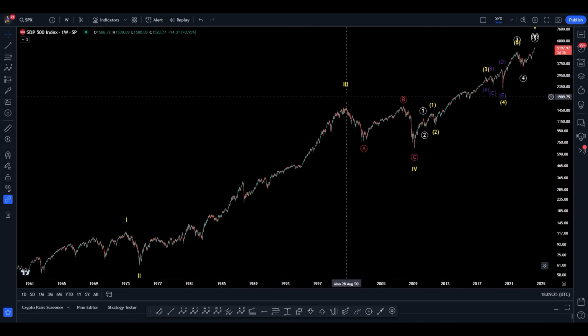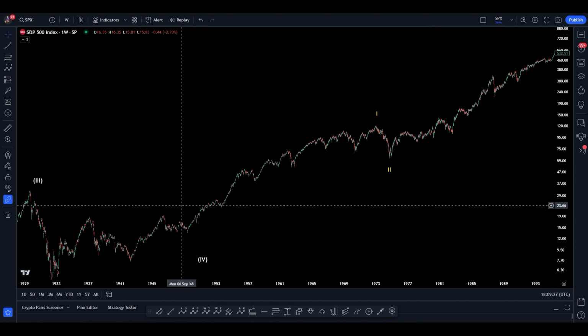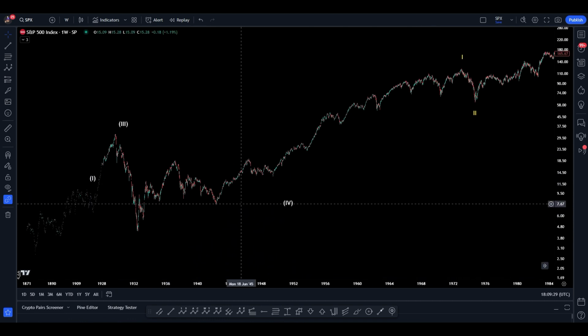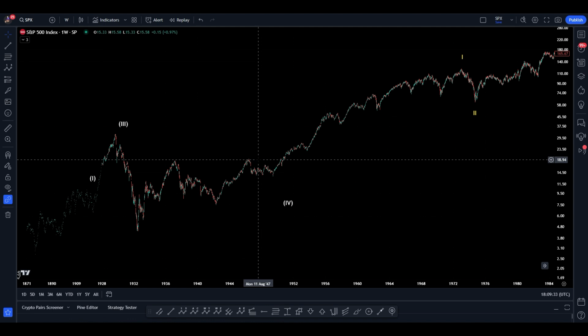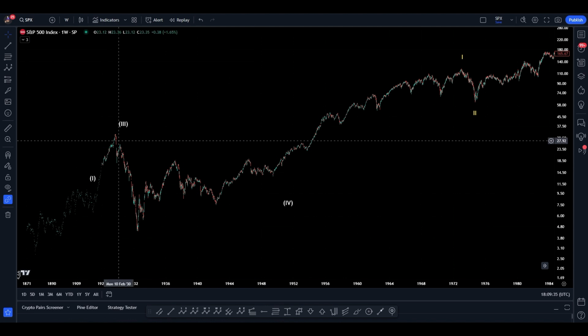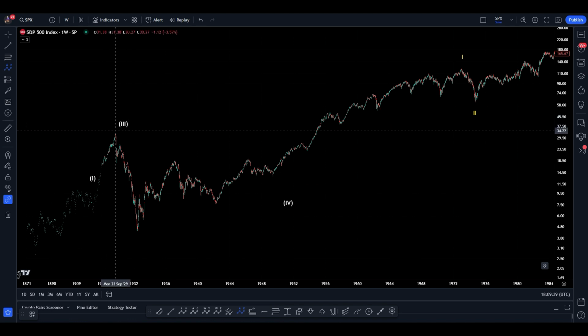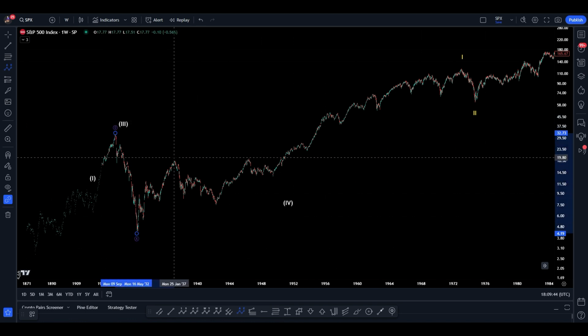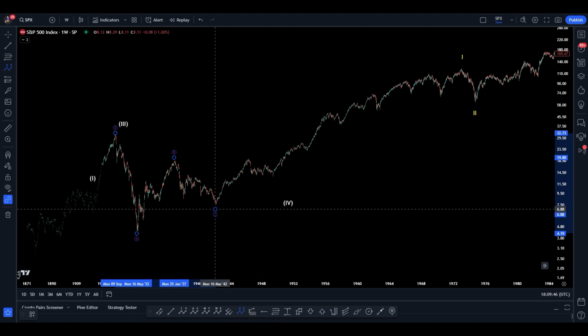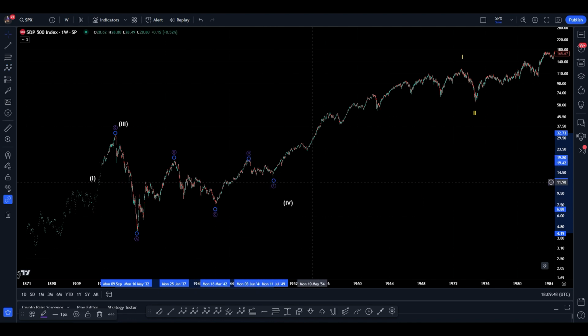go back in time. We have from the 1929 crash, boom, which I believe is a triangle. I have a whole video detailing that, but if you really want to see it, I can throw some quick labels on this. Okay, so you can see the triangle.